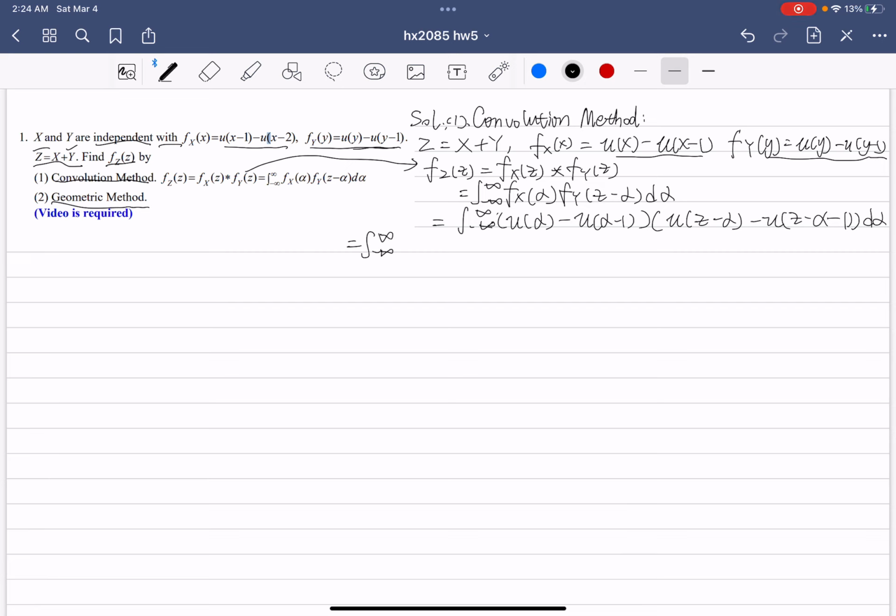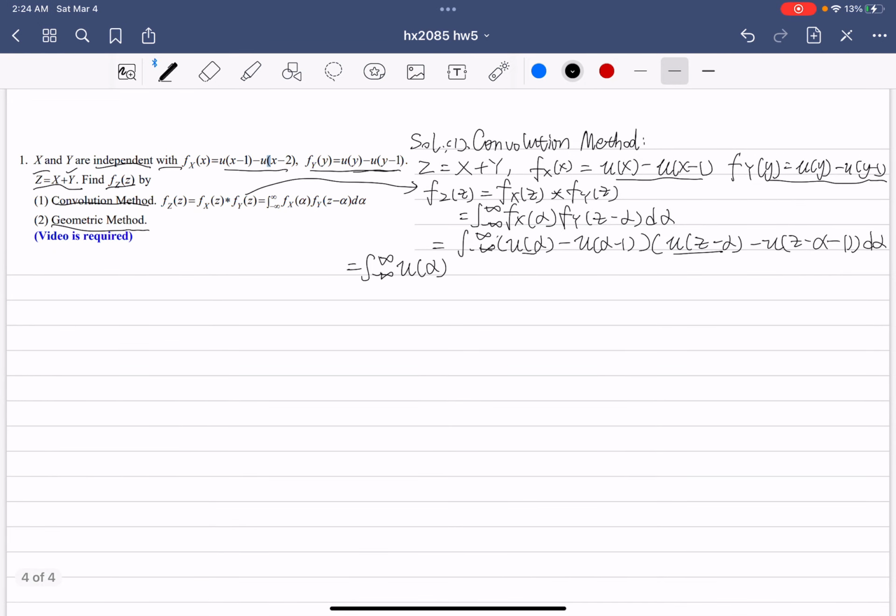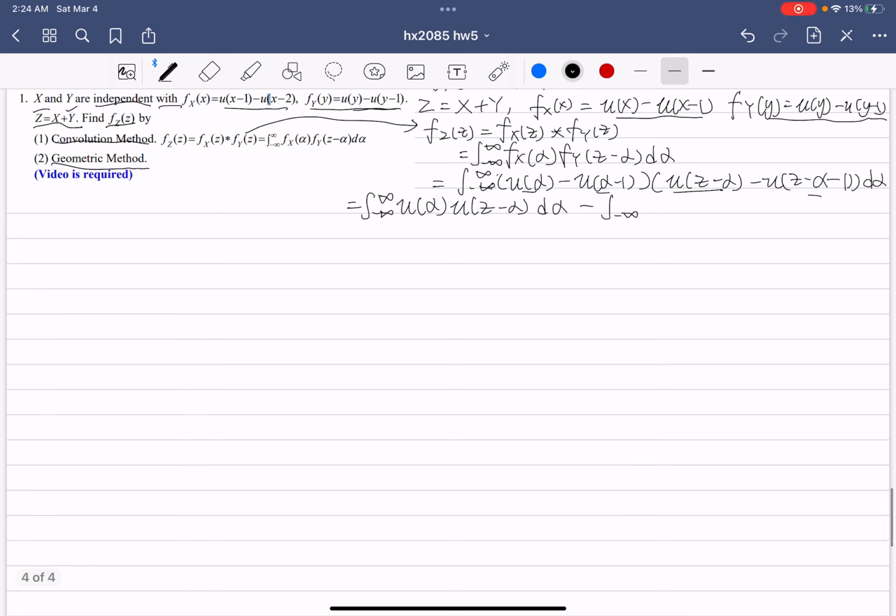That's alpha, this part, and we can divide it into 4 parts. The first part is the integral of u(alpha) times u(z minus alpha) d alpha. Then minus the integral from negative infinity to infinity of u(alpha) times u(z minus alpha minus 1).